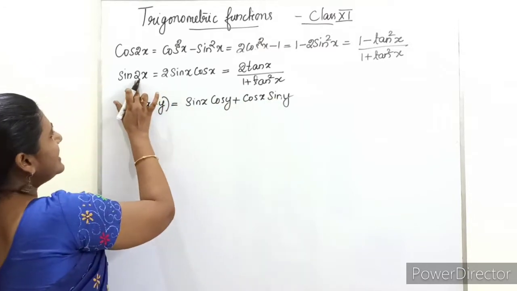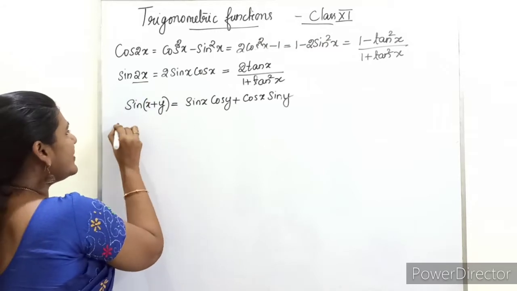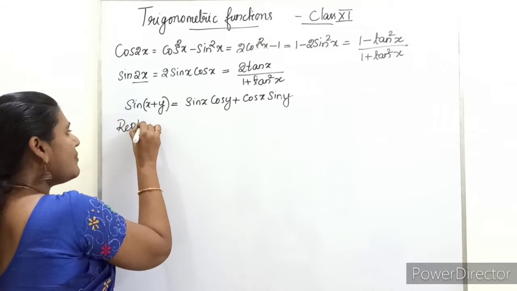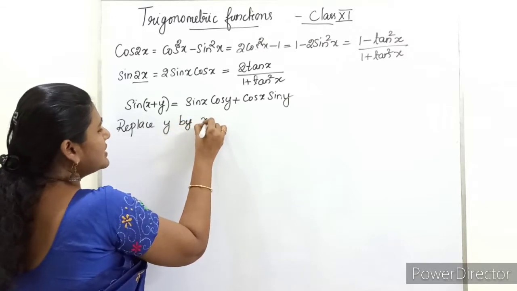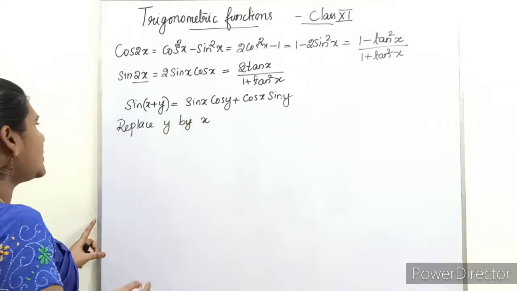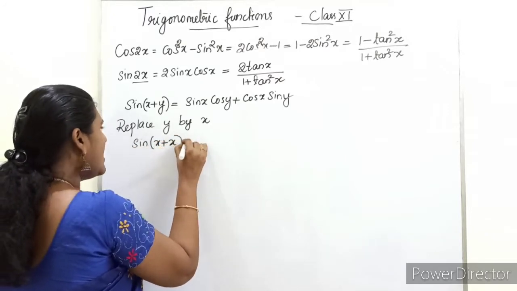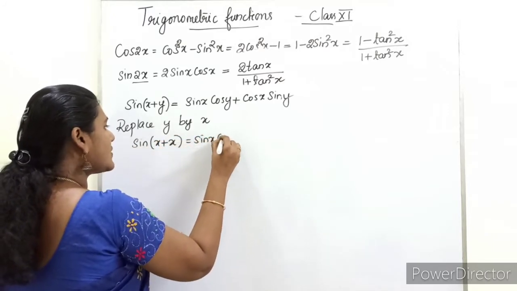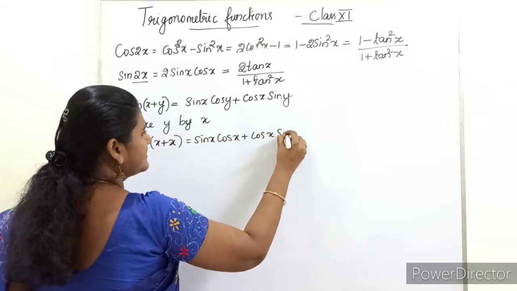Now the same way, see here we need here 2x. So here what we have to do? We have to replace y by x. Replace y by x, both left side and right side. So what we will get? Sin x plus x is equal to sin x into cos x plus cos x into sin x.